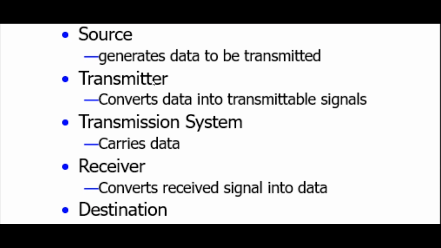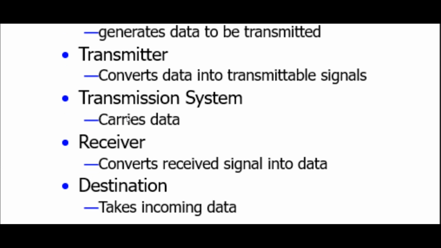Basically, the source generates the data to be transmitted, and the transmitter converts that data into transmittable signals. Then the transmission system is the thing which carries the data.